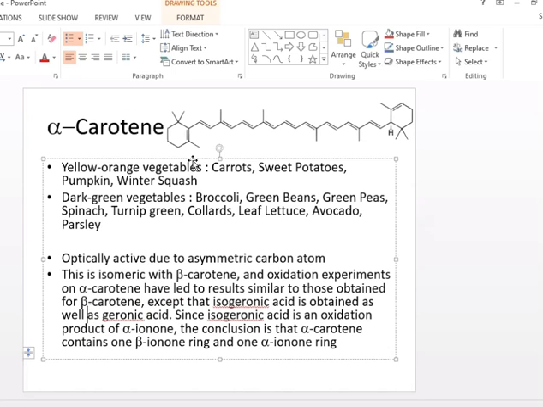So they are optically active because it contains a chiral center.